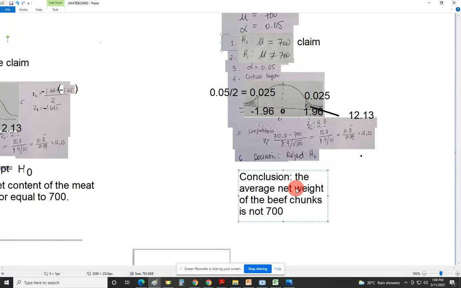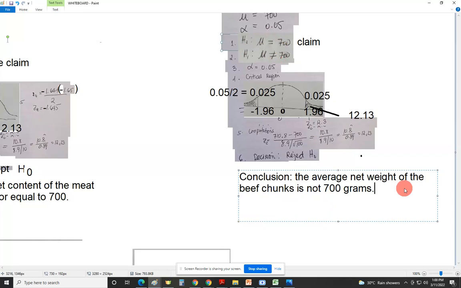Because you're rejecting it, no? When you look at the H sub 0, that's the claim, okay? Not equal to 700 grams, okay? Compare the conclusion of the three. Okay, tama ba? The conclusion here, the average net weight of the beef chunk is not 700 grams.